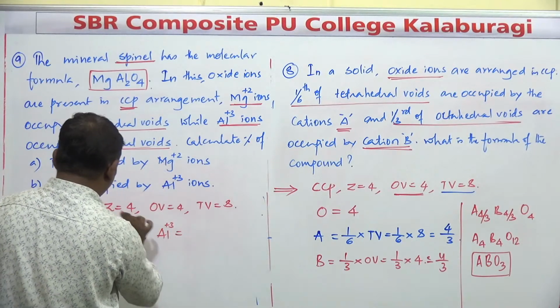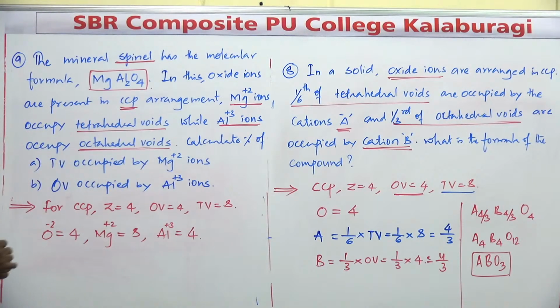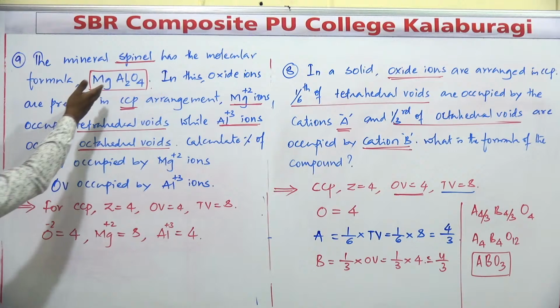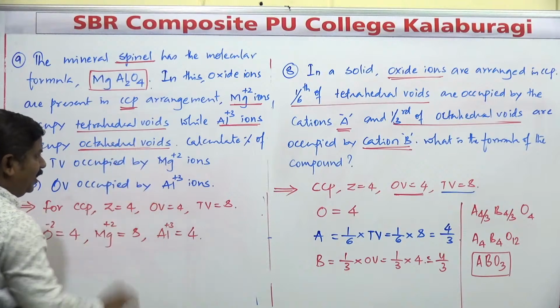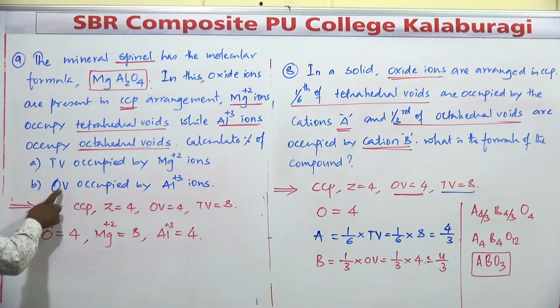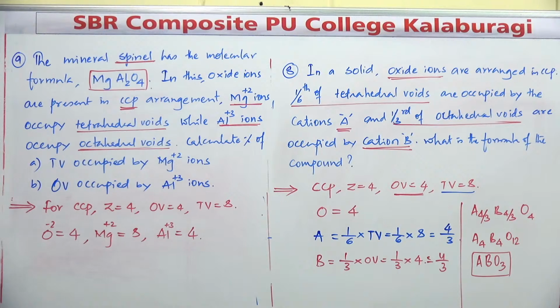Octahedral voids is going to be equal to 4. Here they are not asking for the simplest formula. They are asking what is the total percentage of tetrahedral void occupied by magnesium ions and the total percentage of octahedral void occupied by the aluminium ions.